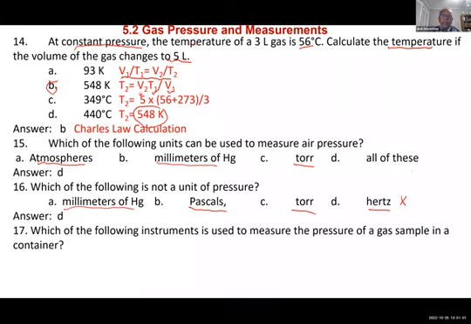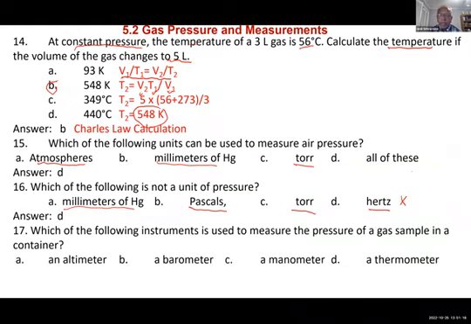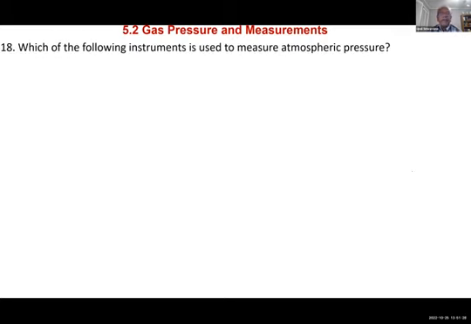Which of the following instruments is used to measure the pressure of a gas sample in a container? Normally you use a mercury J tube, a J-looking tube, where the height of the mercury shows the pressure of the container. So it's a manometer. Manometer is the one used to measure pressure. Therefore, answer is C. Which of the following instruments is used to measure atmospheric pressure?